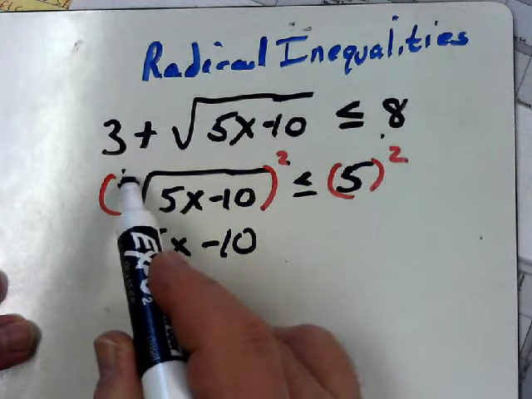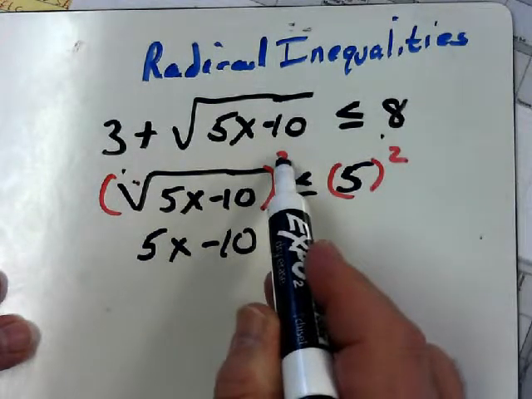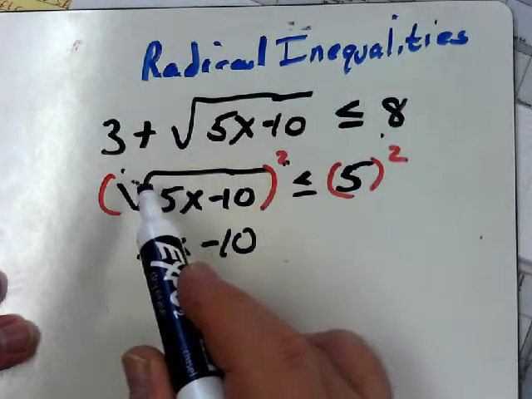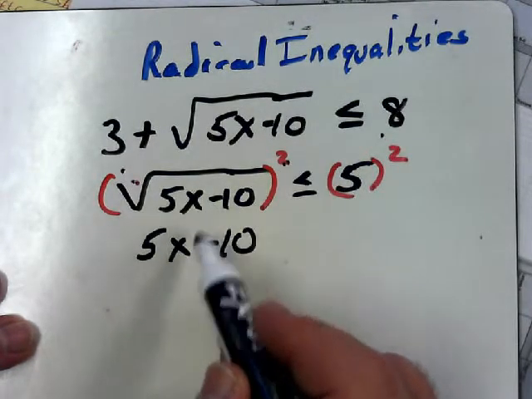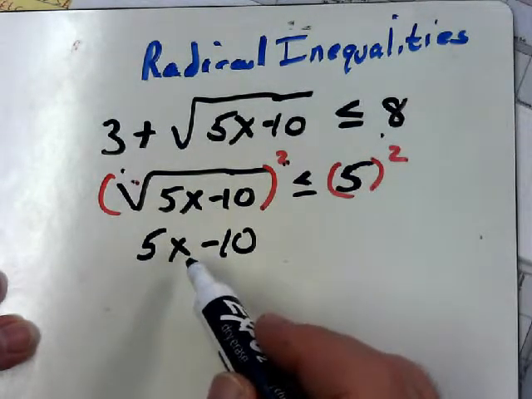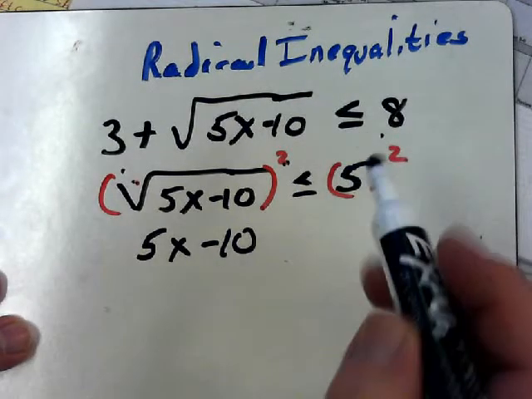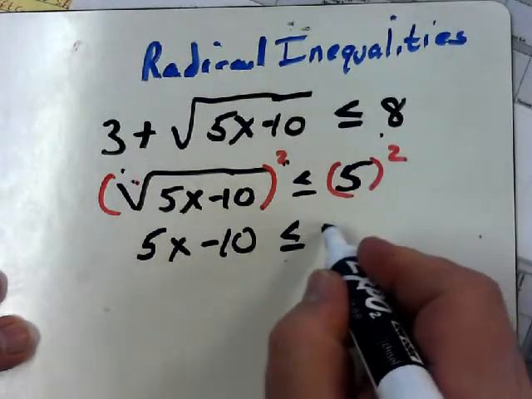So if this was cubed and this was cubed out here, whenever I found the third root of something cubed, it'll be exactly the same thing that was inside the radical. Okay, and then I have less than or equal to, what's 5 squared?